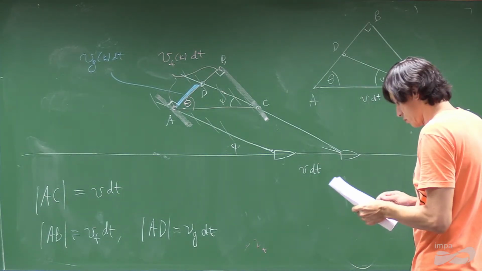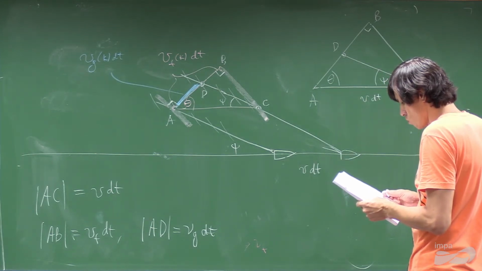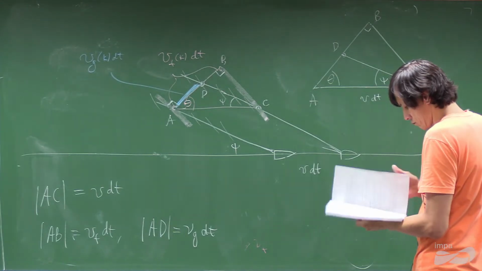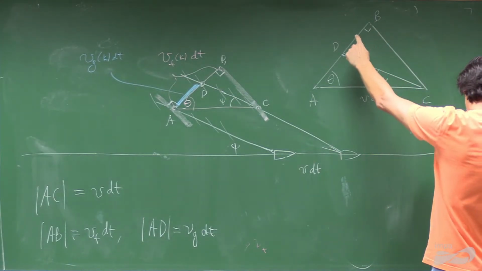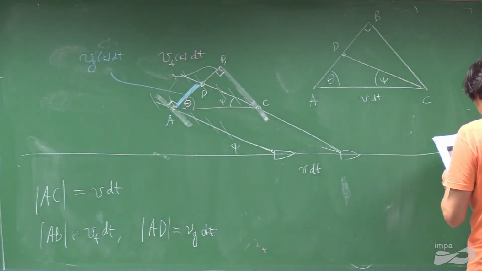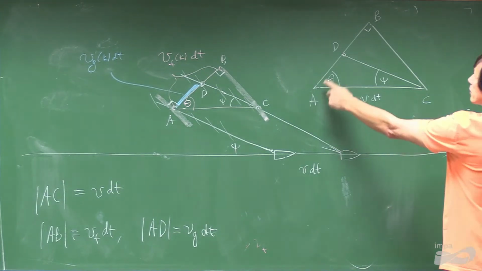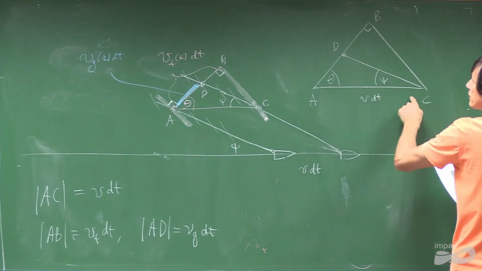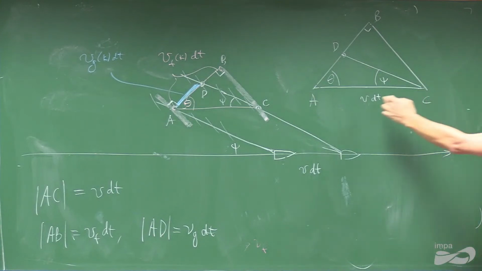Okay, so what we do, let's take that triangle ADC and use the sine rule. So the side divided by sine is equal for any side: any side divided by the sine of the angle in front of it is the same for all angles.